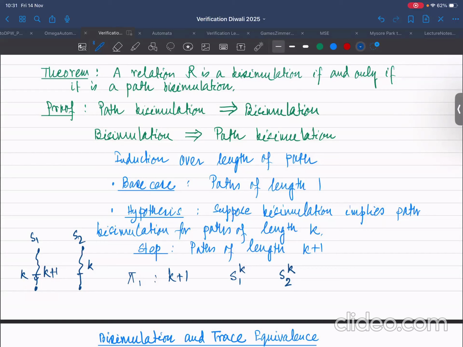I'm saying that if this relation R, where S1 comma S2 belong to R, is a bisimulation relation, we are trying to say that R is also a path bisimulation. This is what we are trying to say.